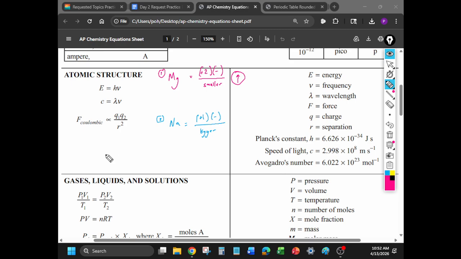You would say something along the lines of Mg is smaller. You talk about in Coulomb's law, radius is in the denominator, and then a smaller denominator is going to equal a larger Coulombic force. Something along those lines. Yeah, what's up?